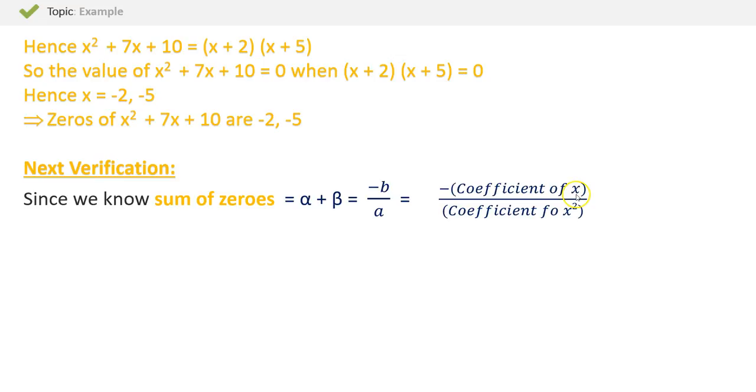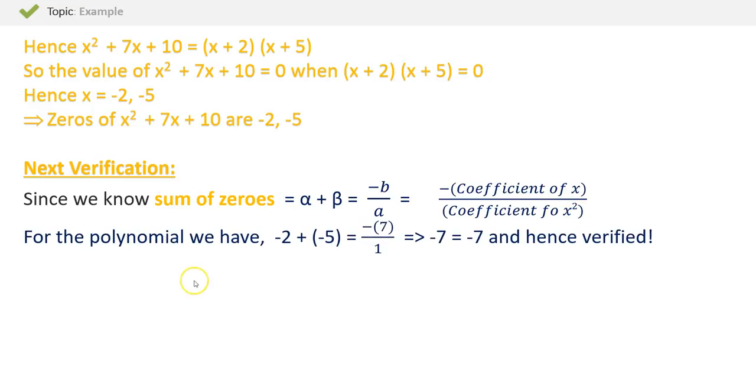So coefficient of x, which is 7 with a negative sign, divided by coefficient of x square, which is 1 in this case. And hence, you will see alpha plus beta, which we got, minus 2 and minus 5, equal to minus b by a, in this case minus 7 by 1, and you will see minus 7 is equal to minus 7, and that holds true.